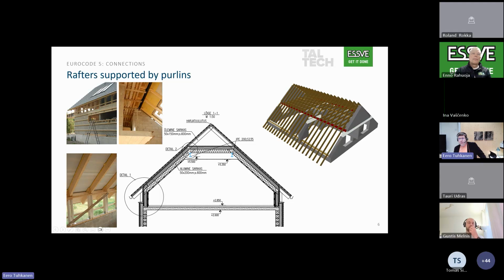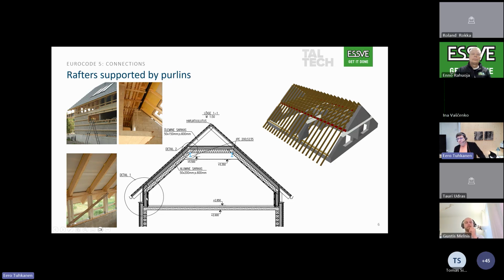This solution is useful when we cannot take the horizontal force at the bottom. For example, in this building, because of architectural reasons, the second floor does not start from the first floor ceiling.